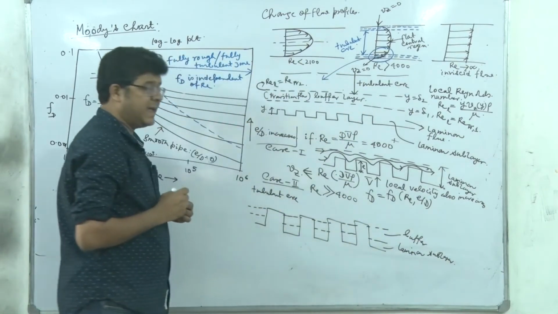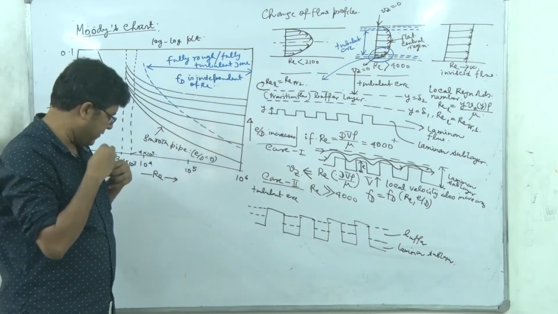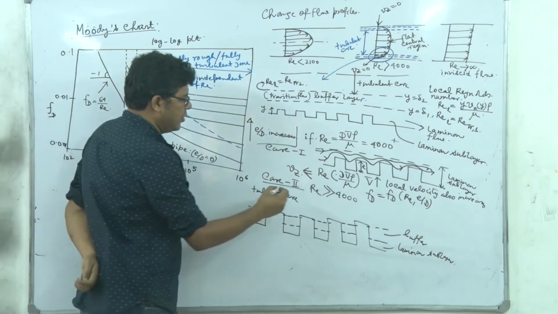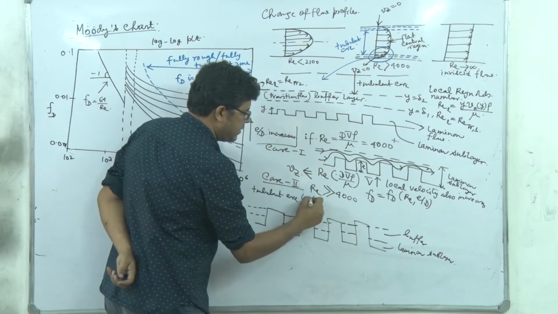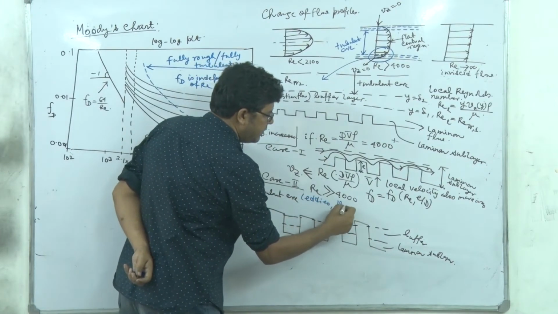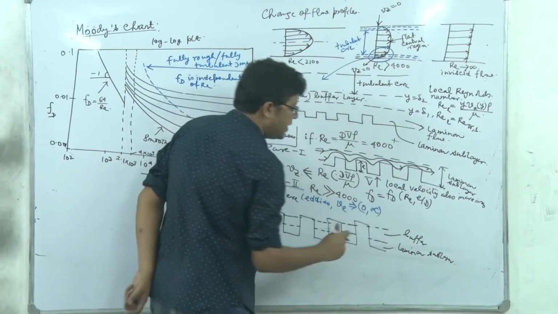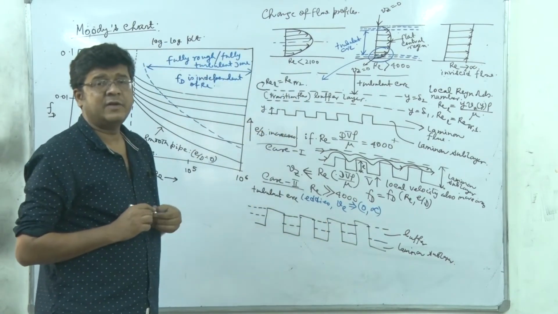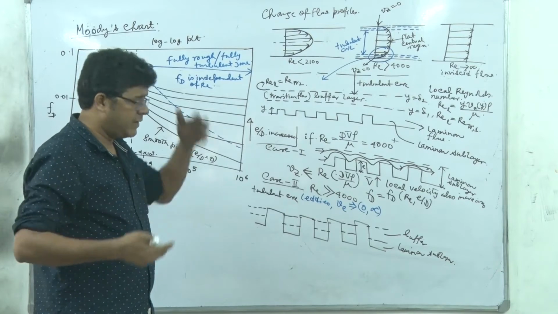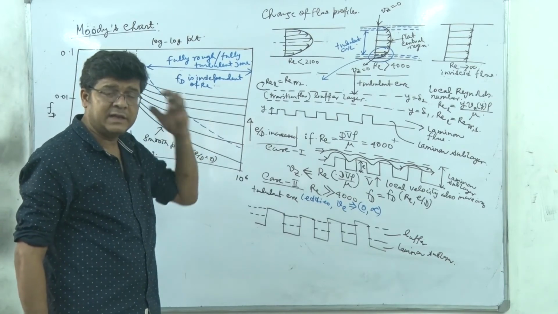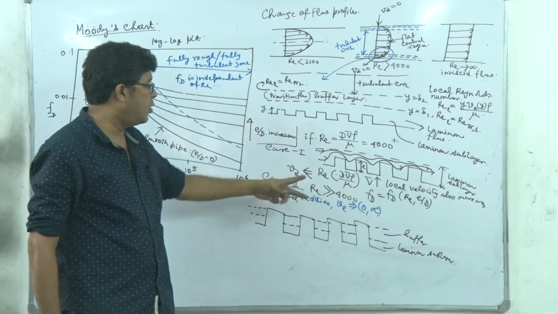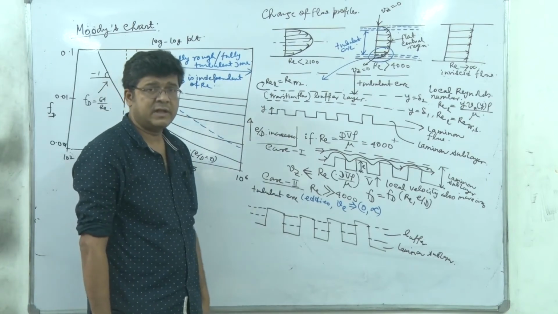So here the eddies have access to this roughness element, and the velocity of an eddy may vary from 0 to infinity, right? It actually has all possibilities of having very high to very low velocity, even in a low Reynolds number turbulent flow, right?